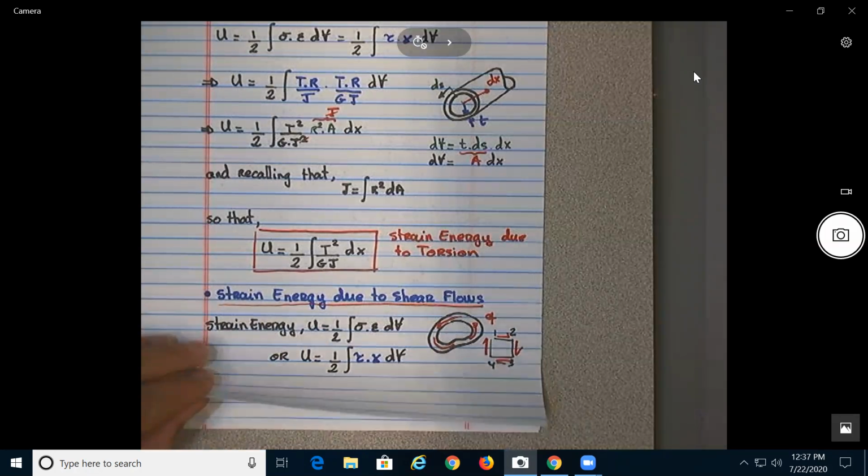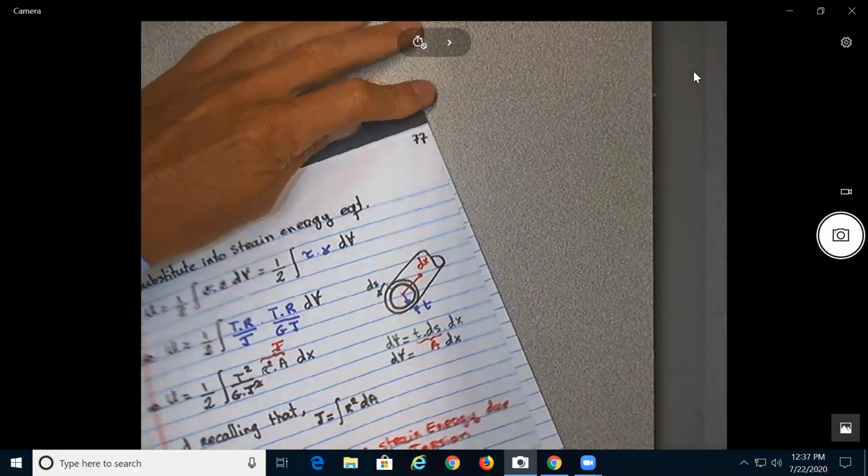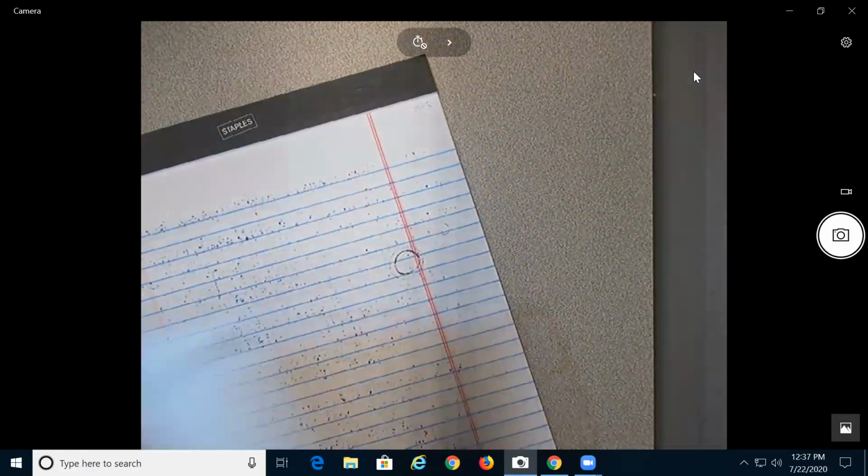All right, so this one is a bit more complicated, not because of the mathematics, it's identical, just because you are not as familiar with the shear flow as you are with axial and bending or torsion.